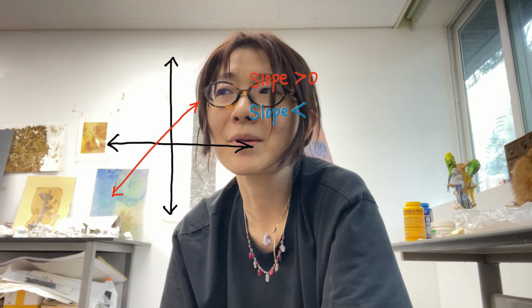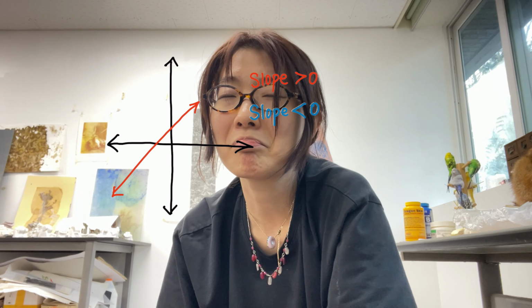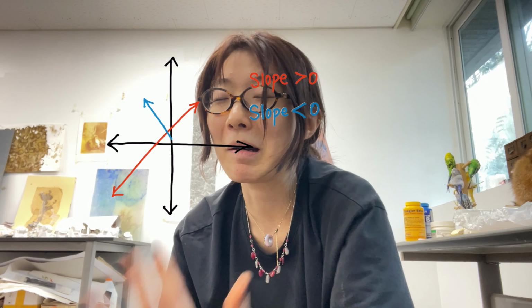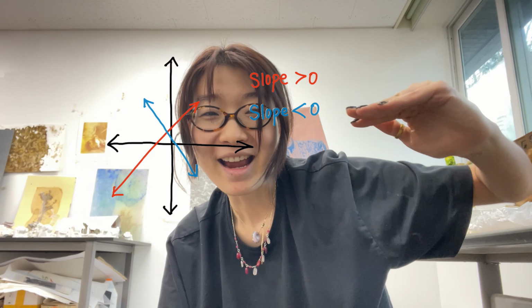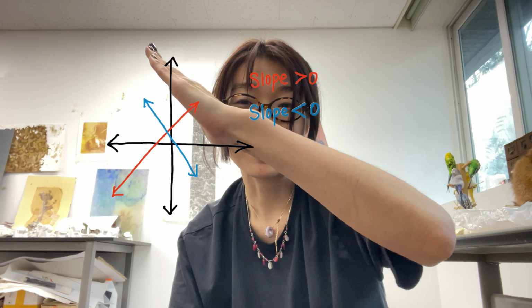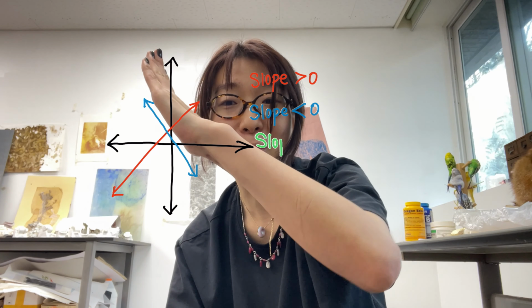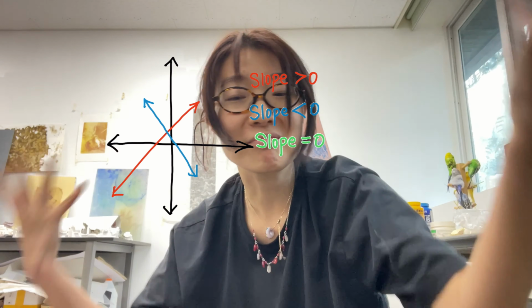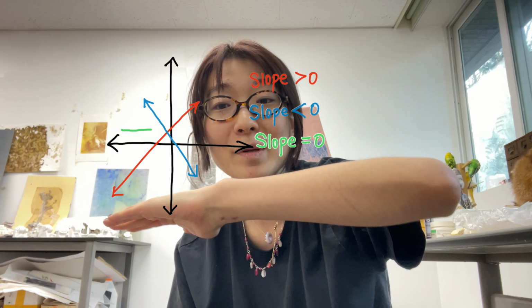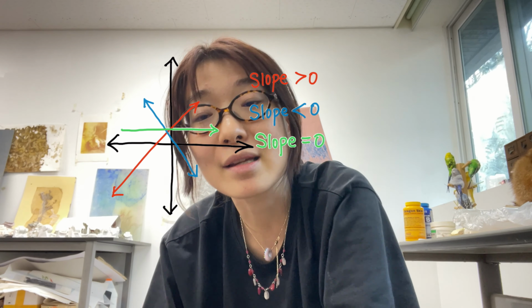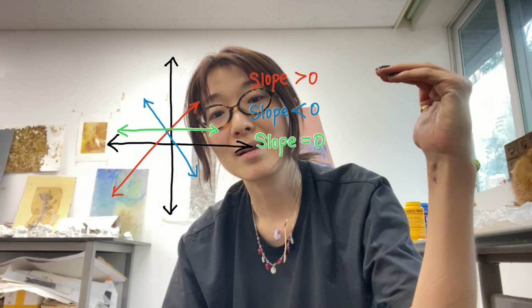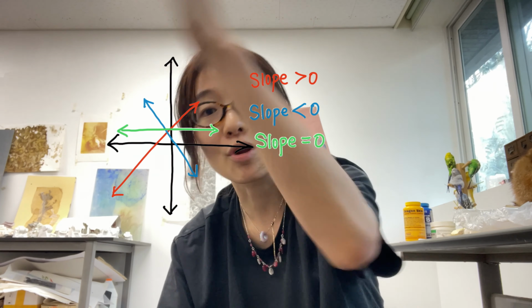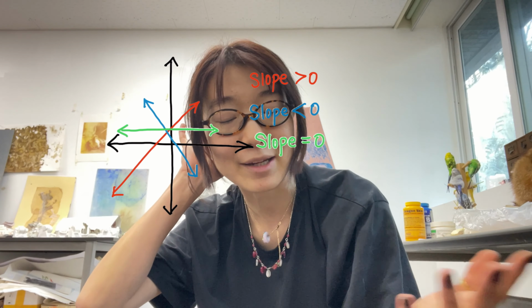Now, there are also instances where we get a flat line, right? And that's because slope is a rate of change. Essentially, when our slope is 0, that means there is no rate of change, meaning our output stays the same. There's no actual change happening.